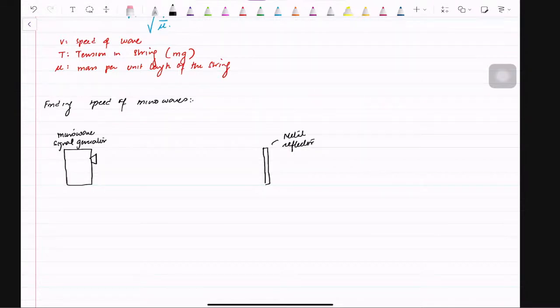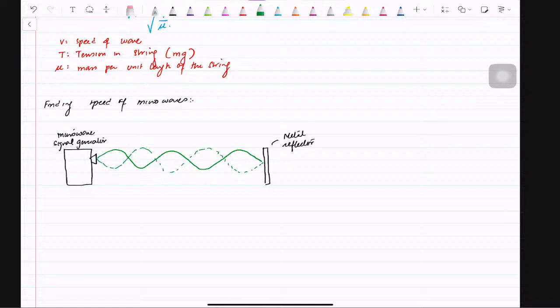Now, when the microwaves are generated, a stationary wave is formed like this.